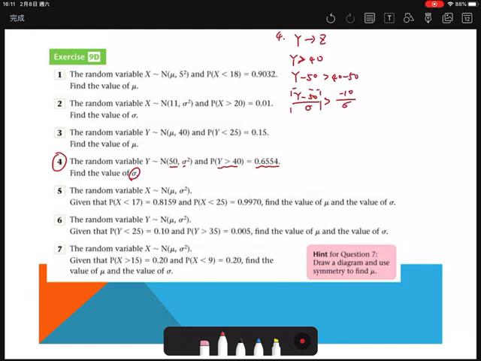So this is Z. So we can get that the probability of Z greater than negative 10 over sigma is 0.6554.